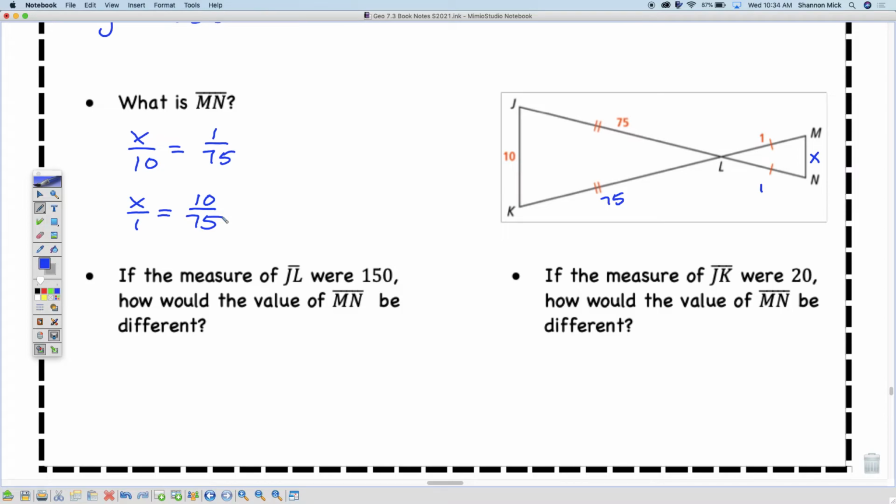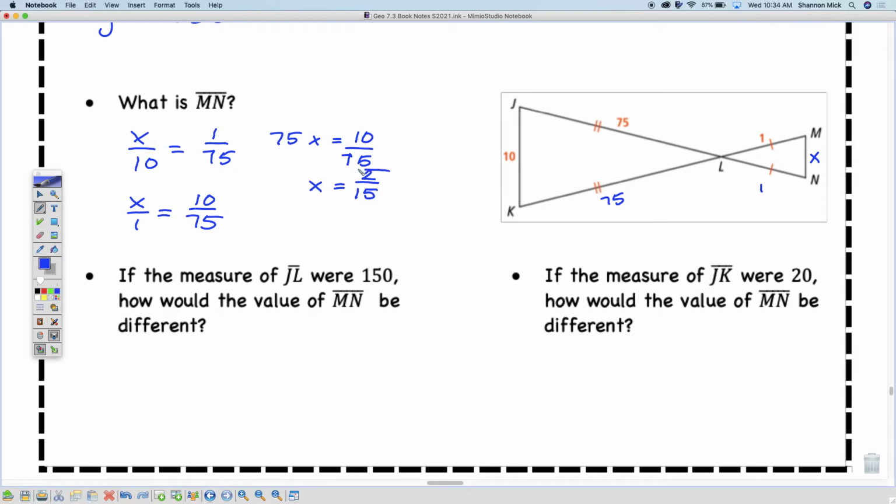But either way, here I have to cross multiply, yes? So I get 75 X equals 10, or X equals 10 over 75. So X equals 2 over 15, right? 5 goes into both of those.